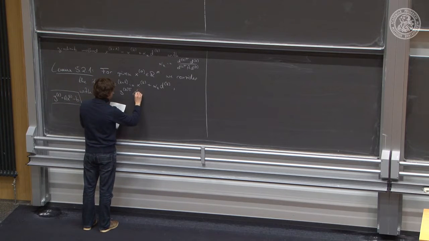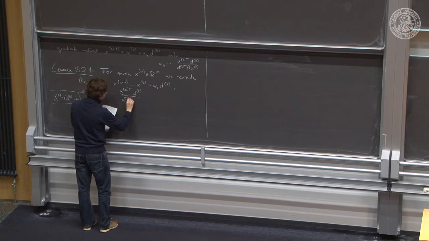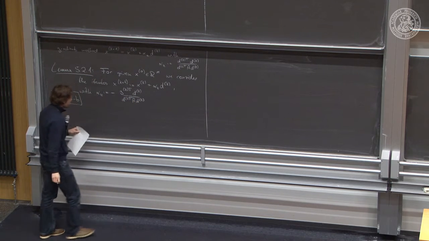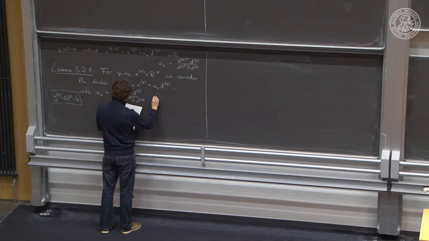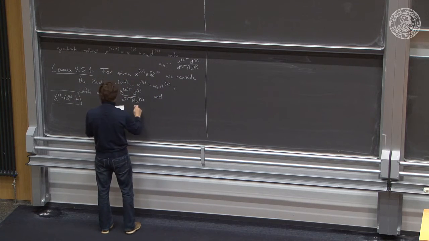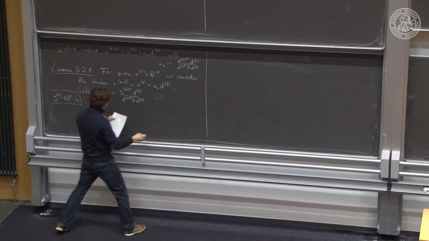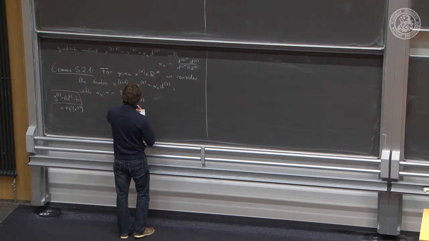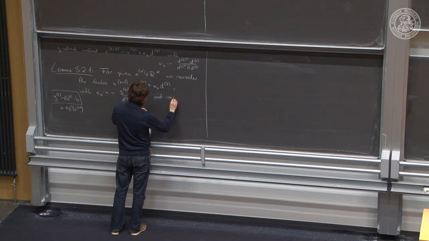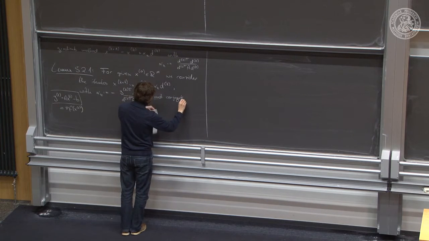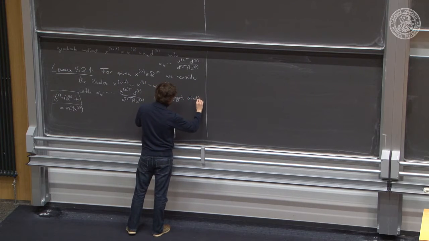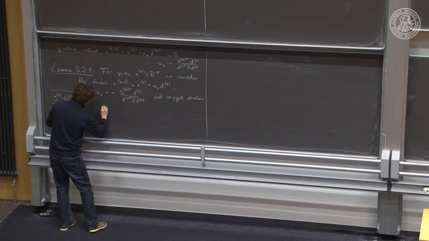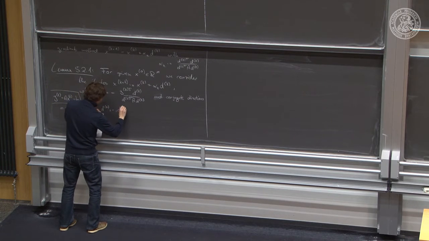Alpha_k is g_k transpose d_k divided by d_k transpose A d_k. And we have conjugate directions d_0 up to d_{m-1}.